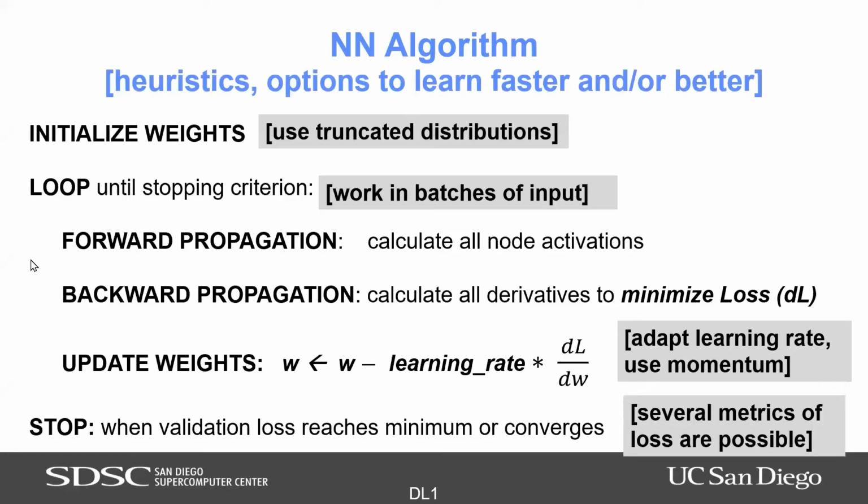Now, the thing about deep learning and neural networks today is that all these steps have some variations or some specifics that help you either make it faster, make it work better, make it more computationally feasible, so that you can do larger networks. And that's a lot of the name of the game when you're actually running some of these deep networks.